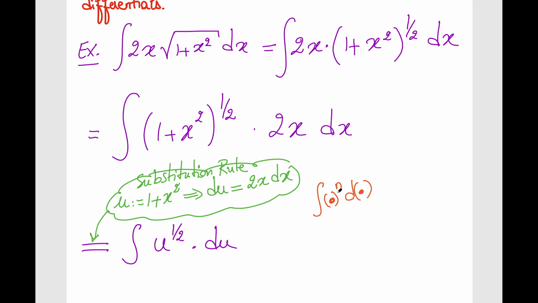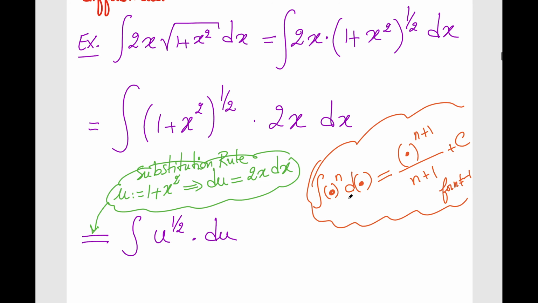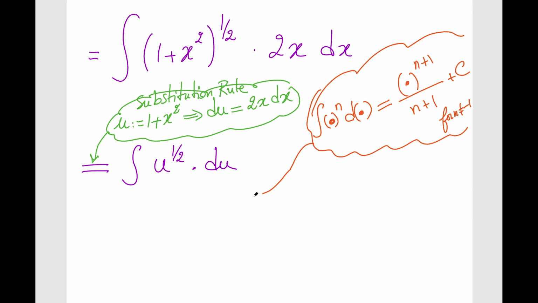Primitive of bullet to power n d bullet is the same as bullet to power n plus 1 divided by n plus 1 plus a constant of integration, obviously as long as n is not -1, right? So for all n that's not -1, correct? So that's what's going to happen here. That's what I'm going to be needing here, because this guy here looks exactly like this.